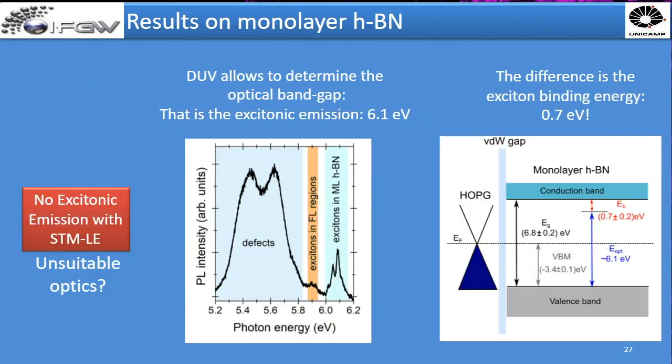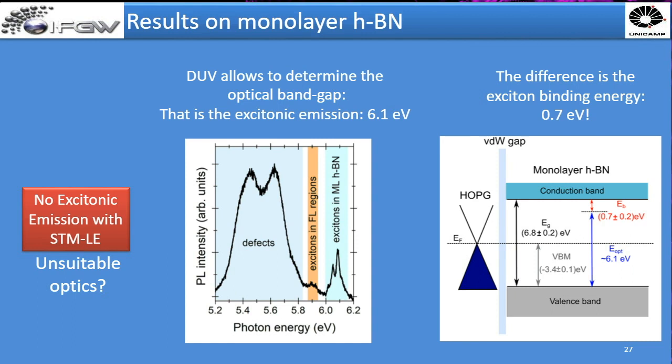We also, of course, tried to see the excitonic light emission in our system, but it was very, very hard to get it. And one of the reasons is that it's not that straightforward to have optics adapted to that range, to the DUV range of light, but that's something that we are working on.